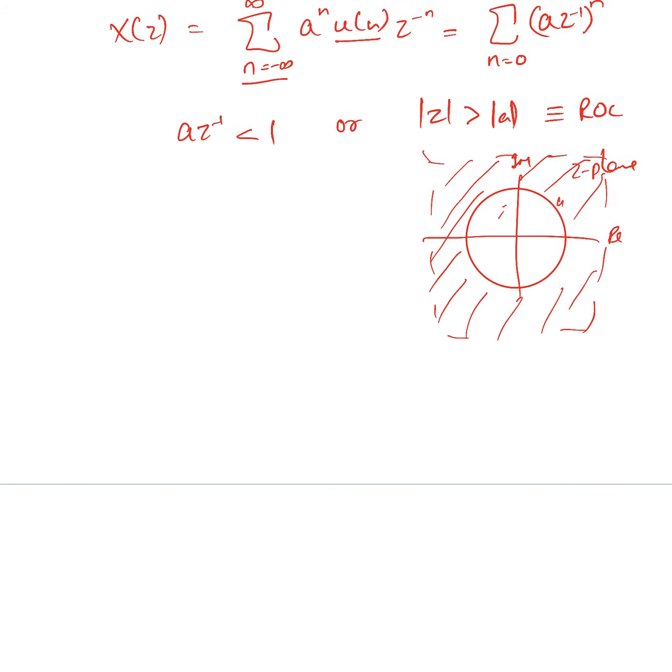Okay? So in that case we can represent your X of z as a rational function as 1 upon 1 minus a z inverse, or after simplification z upon z minus a, with the region of convergence mod of z greater than mod of a.